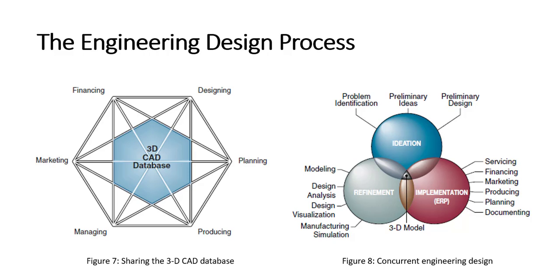The center area in Figure 8, that you see on the screen, is the 3D computer model, and it reflects the central importance of 3D modeling and graphics knowledge in engineering design and production. With this modeling approach, everyone on the team can have access to the current design through a computer terminal.